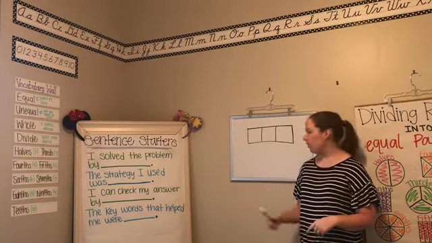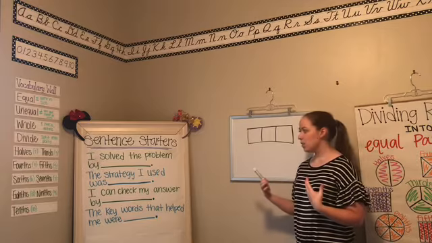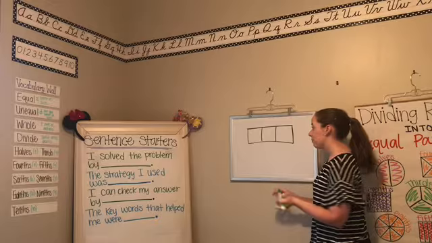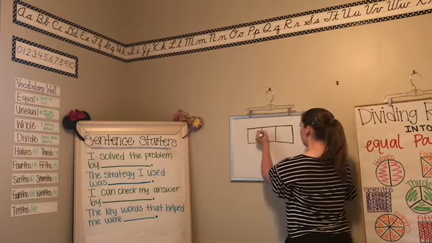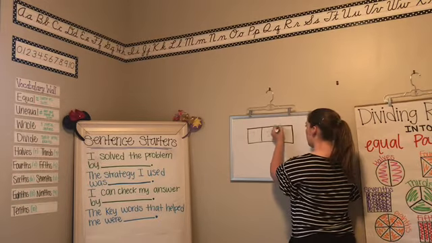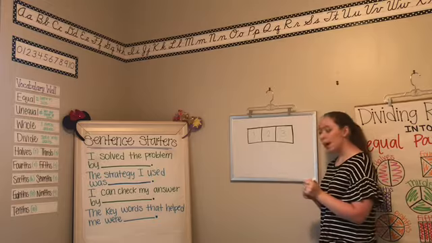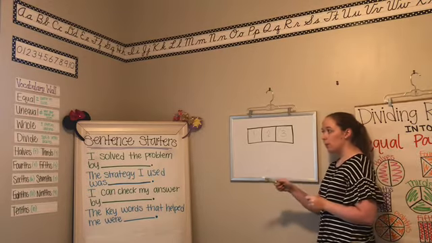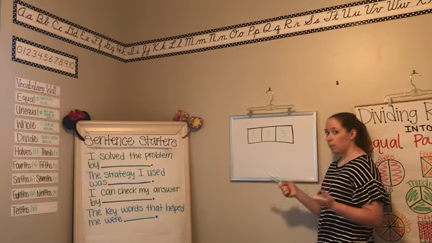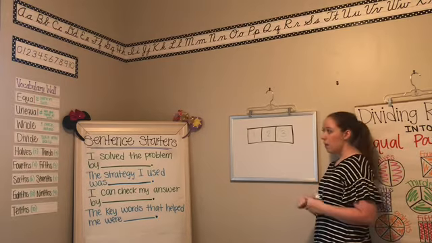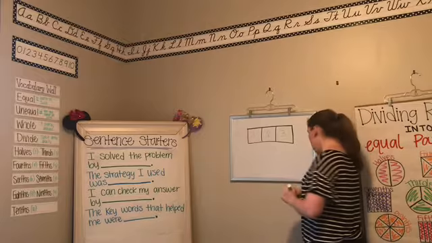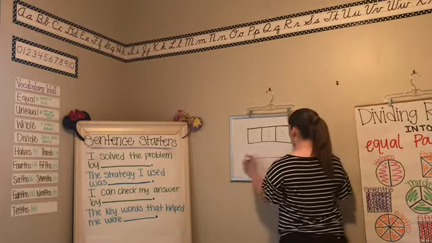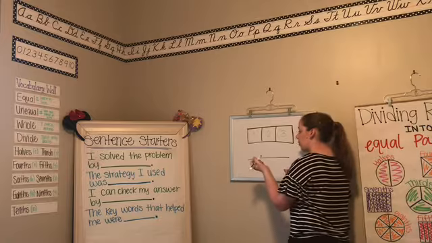I found that out without counting, but I can use another strategy by counting. So I have 1, 2, and 3. I use that last number to find out how many equal parts there are. And then I look at my vocabulary wall to find out the vocabulary word for 3 equal parts, and that is thirds. So on the line below the shape, I'm going to write thirds.